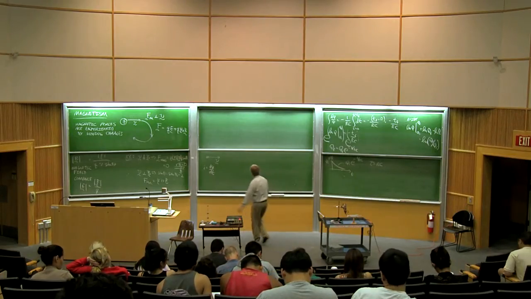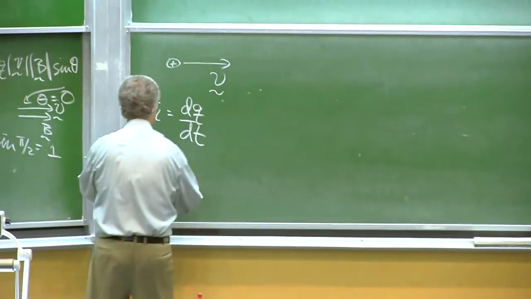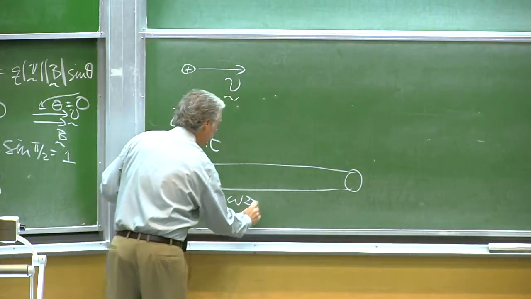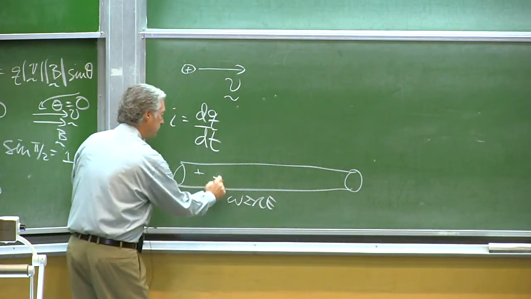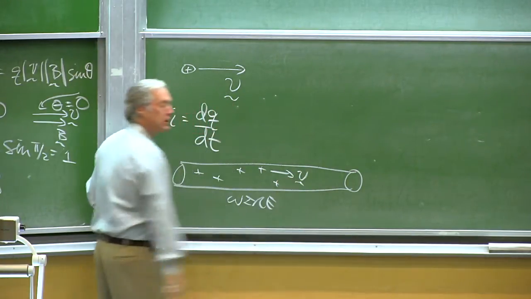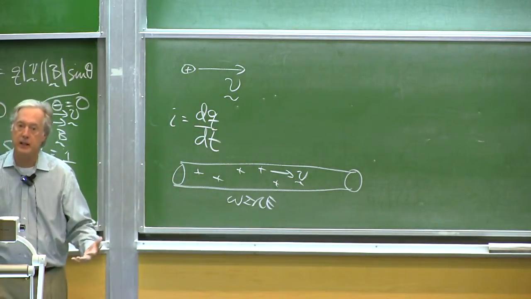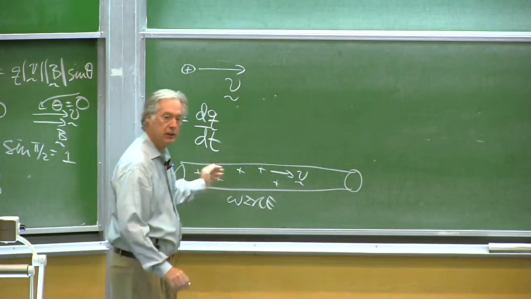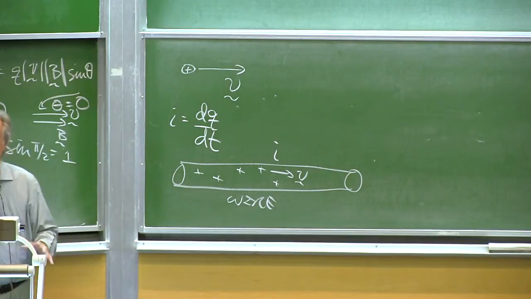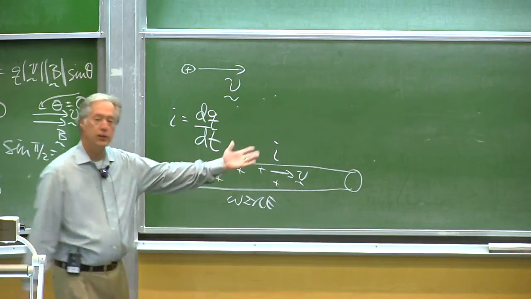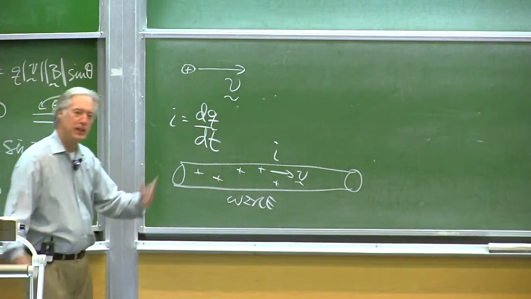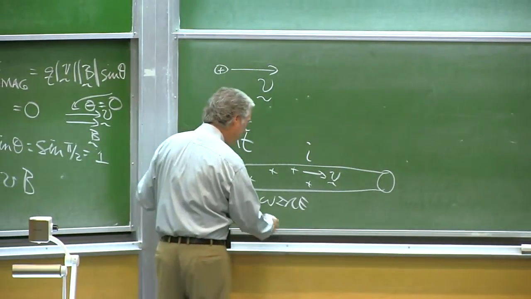So if I have a wire with lots of charges all moving at the same velocity, then I have a current flowing. And if there's a current flow, how long is this wire? It's some length, right? So it's some meters long.